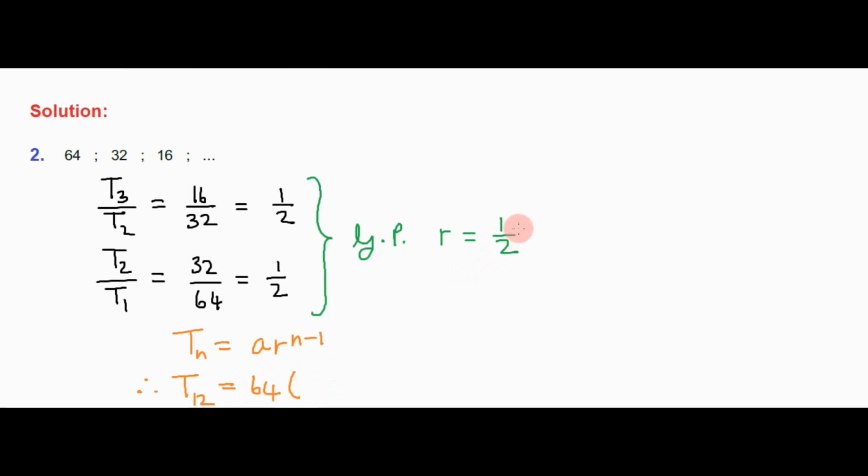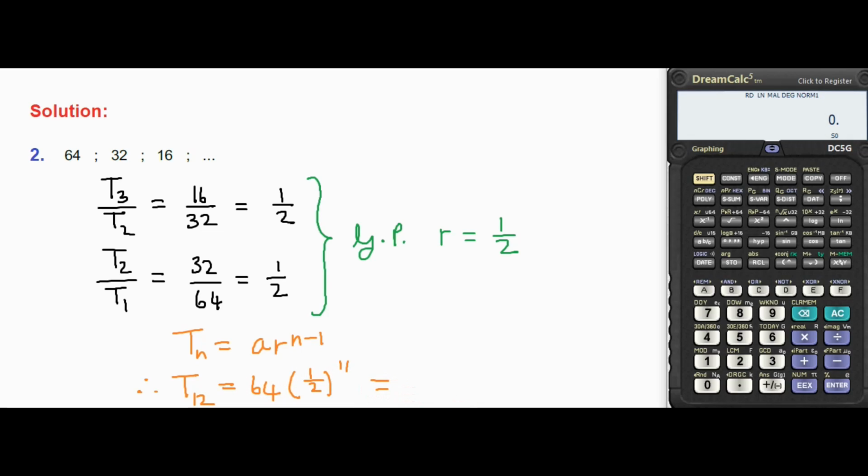R is the common ratio, which is a half. N minus 1 is 12 minus 1, which is 11. And we can work this out on a calculator. And it's 0.03125.